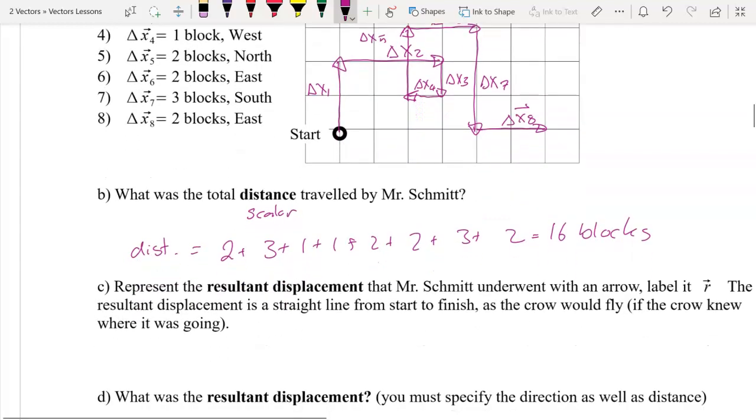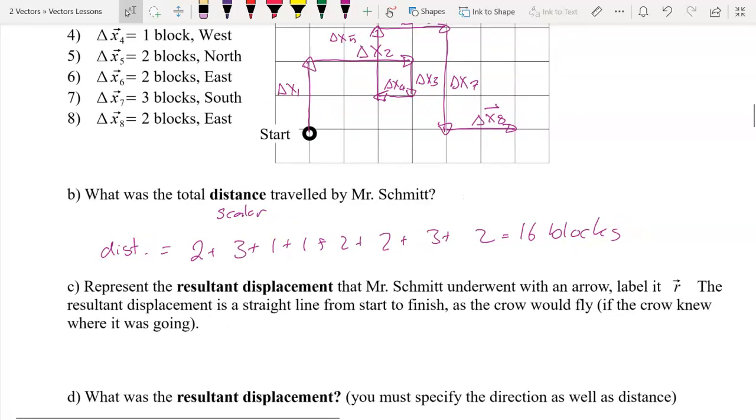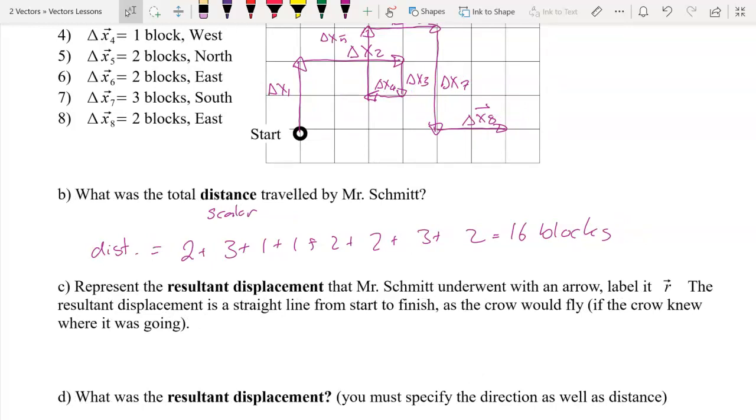But then if we figure out the displacement, that is, when you add these vectors together, how far and in what direction did I actually travel? Where did I change my position to? Well, I started here and I ended up here. This is my finish, right?